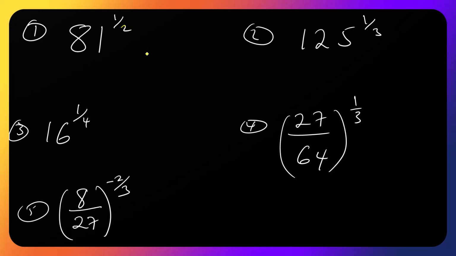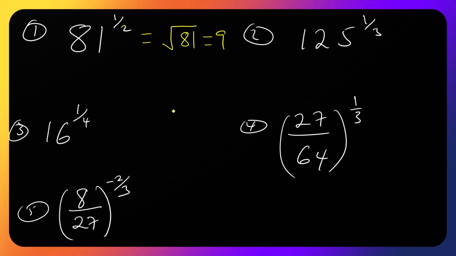Remember from the fractional index that a exponent half is square root of a. So we can write 81 exponent half as square root of 81, and the answer is 9.